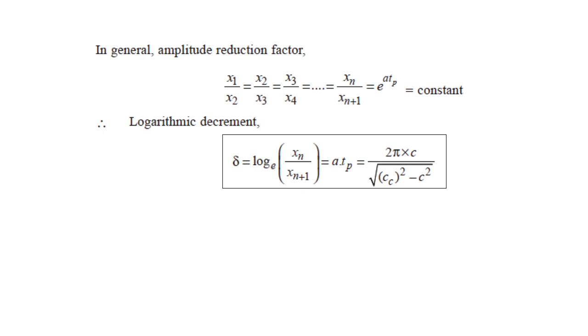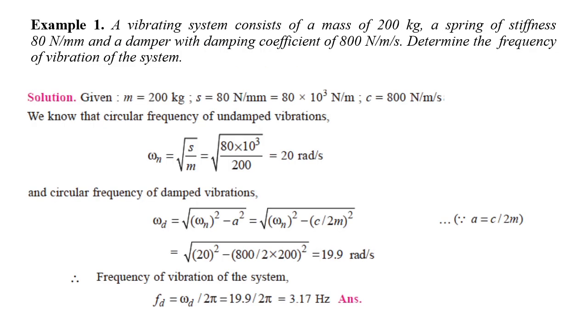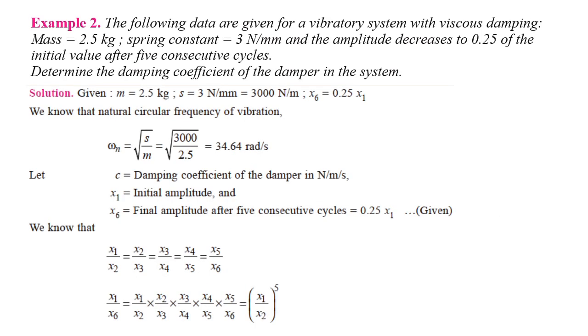If I expand this formula, putting the value of c in terms of constant a, I will get twice pi a divided by square root of omega n square minus a square. So in this formula constant a is there. You can put the value of x1 upon x2 and omega n, and you will get the value of a.